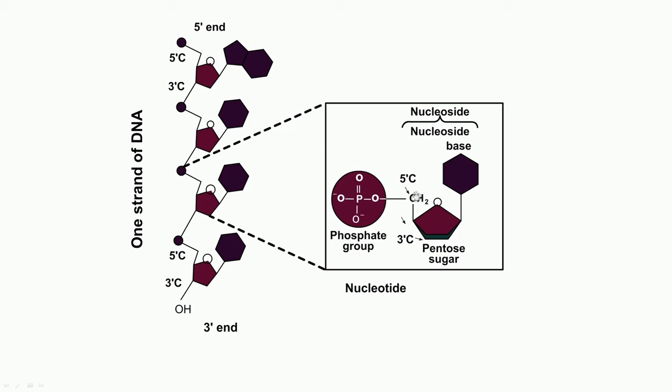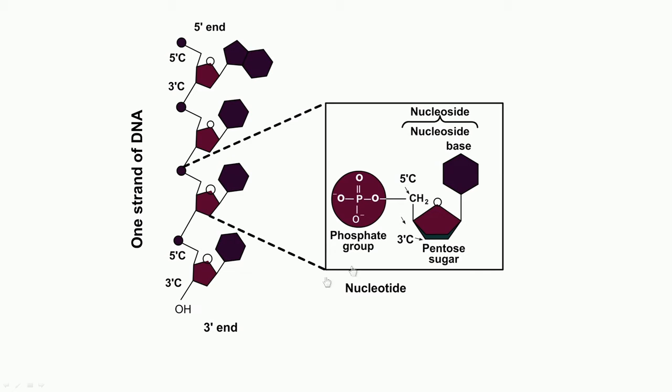This is the base unit for DNA. Repeating, you have a pentose sugar, you have a nitrogenous base attached to this, and you have a phosphate group attached to this, and you get the monomer of DNA, which is a nucleotide. So, you can see here, this is the pentose sugar, the nitrogenous base and the phosphate group. Let us start here.